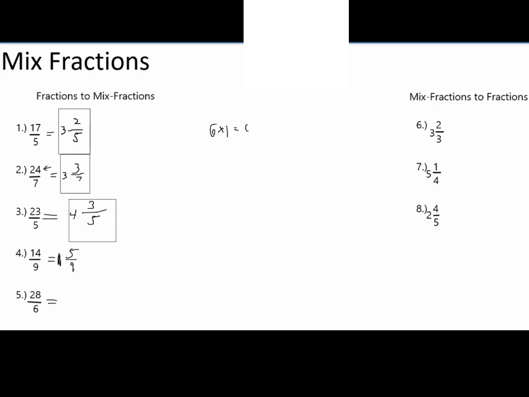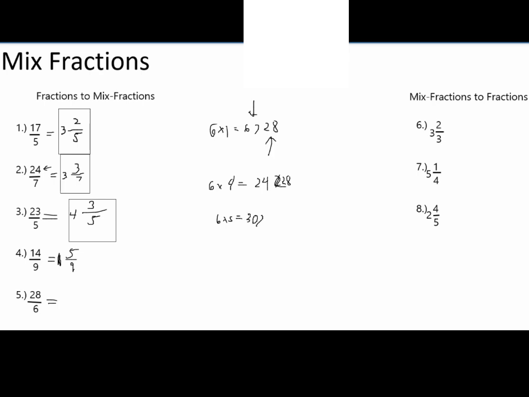So now let's go to number 5. We can use 6 times 1, but it is too far from 28. So therefore, we need to use something else. Let's use 6 times 4. 6 times 4 equals 24, which is less than 28, and it's close to 28.